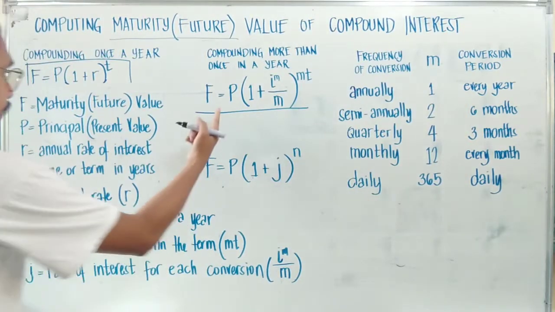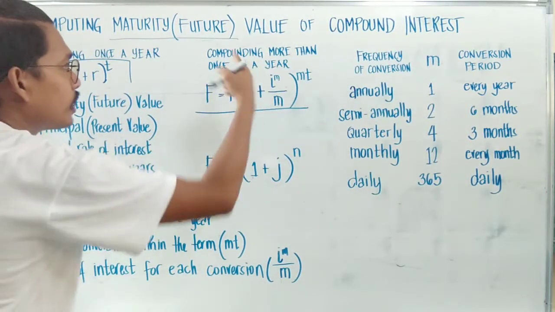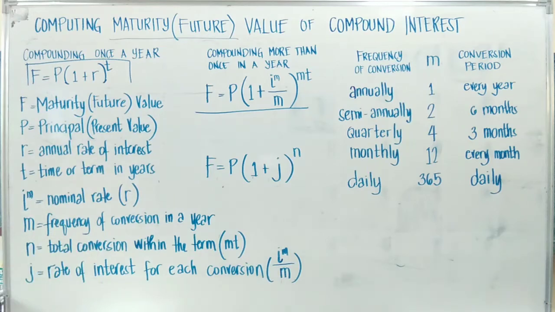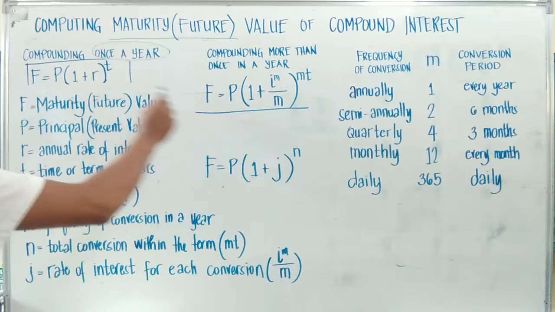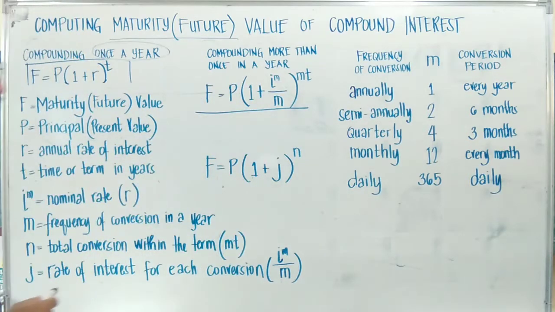On the other side, we have compounding more than once in a year. So why do we have once a year and more than once in a year?